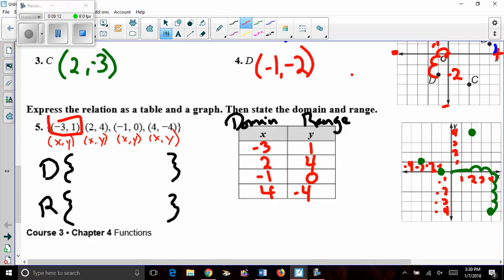My x values for domain, so that's -3, -1, 2, and 4. Where in my range, I have -4, 0, 1, and 4.